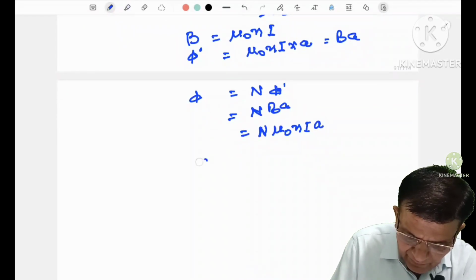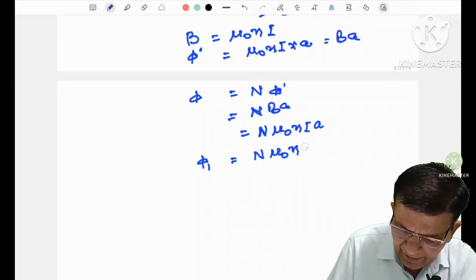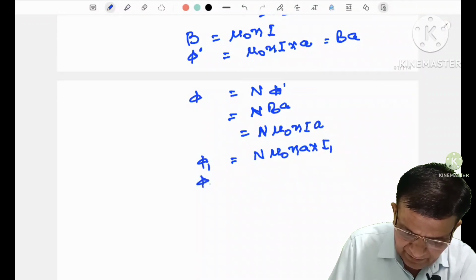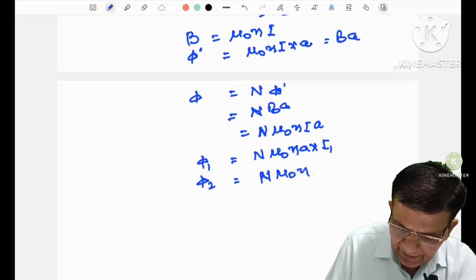Initial flux phi 1 is N mu 0 n A into I1, and final flux is N mu 0 n A into I2.